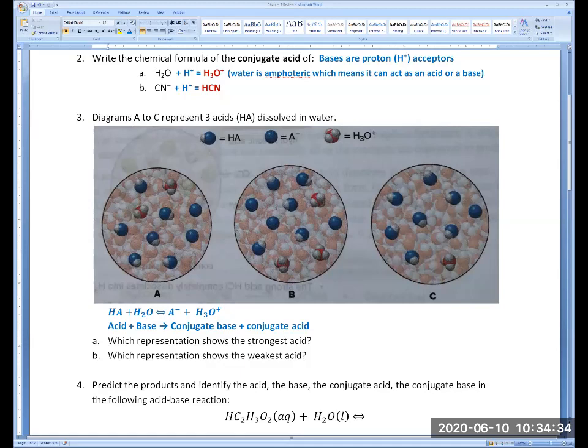In B, three of them have dissociated into A minus and H3O+, and in diagram C, we have only one HA that has dissociated into A minus and H3O+. And so you have to decide from that which one is the strongest acid. Can somebody has an idea, which one is the stronger acid?